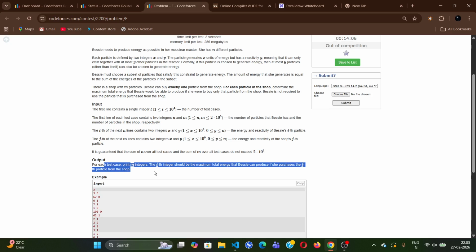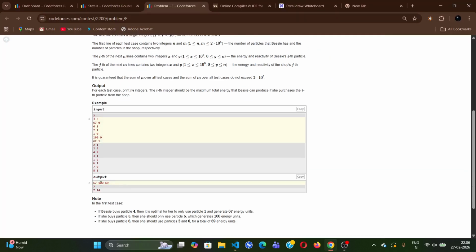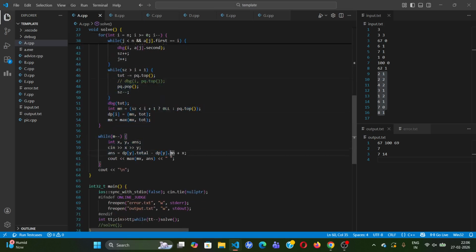First case same integer, the ith integer should be maximum total energy. Purchases the ith particle from the shop. He purchases the ith particle from the shop. This looks correct.